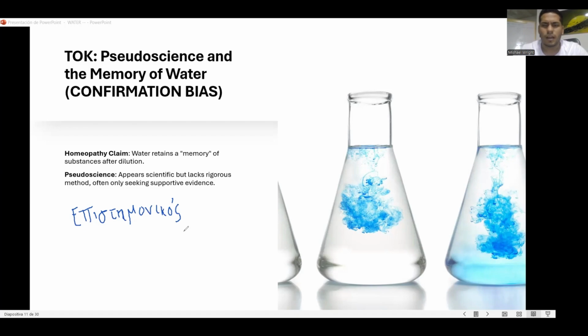This word comes from the root epi, meaning upon or over, and stemi, meaning to stand or to settle down, to establish. Epistemonikos.